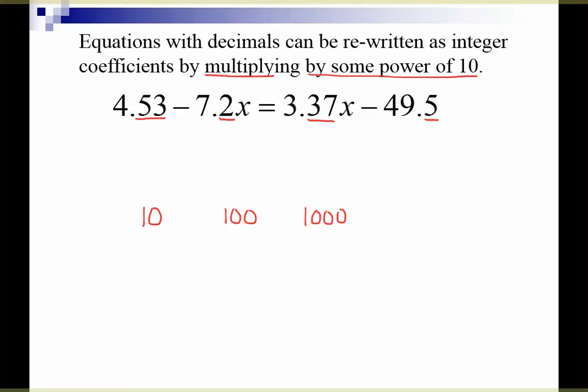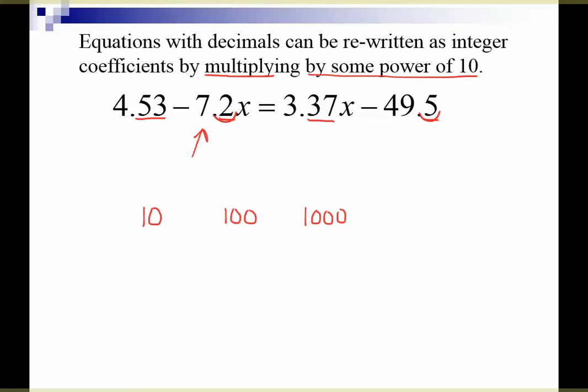So, could we multiply these by 10? I mean, we could multiply both sides by 10. And for a number like 7.2, multiply that by 10, the decimal moves one place to the right. All of a sudden, we have 72. And that's good. 49.5, that decimal would move one place to the right, and we'd end up with 495.